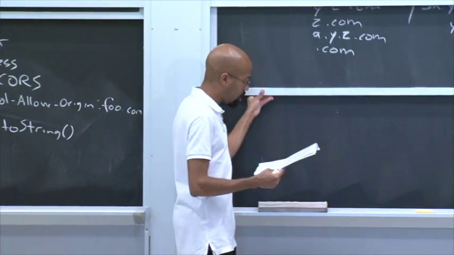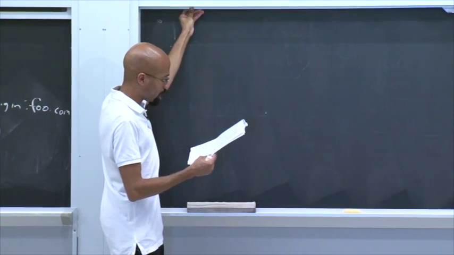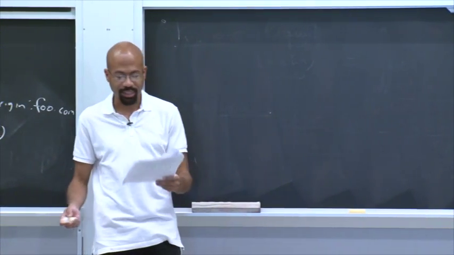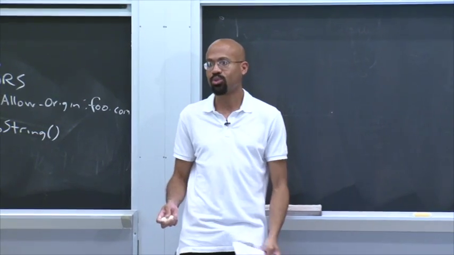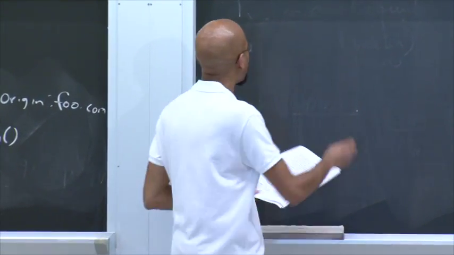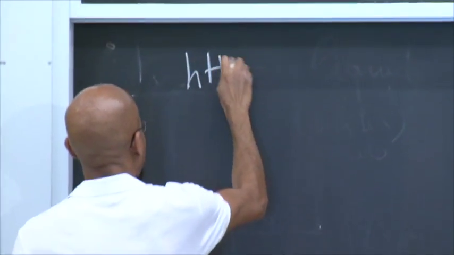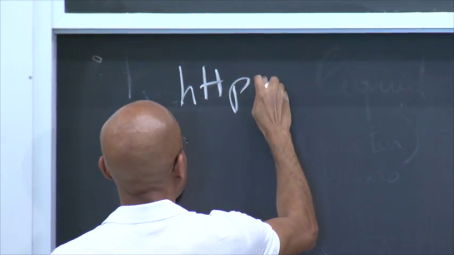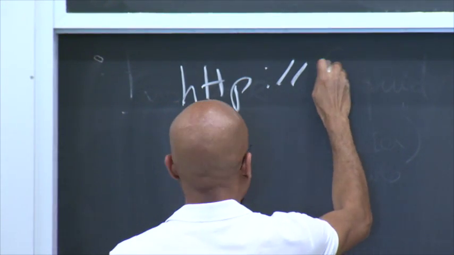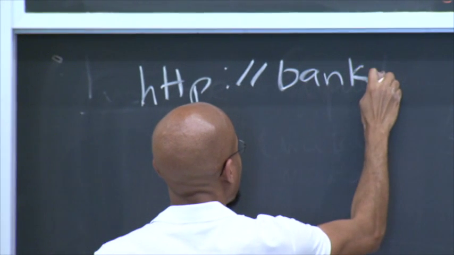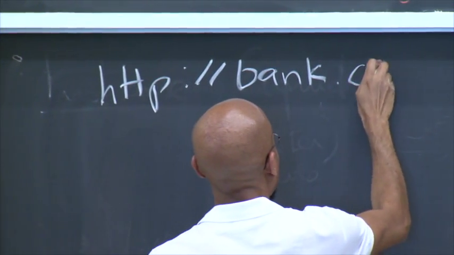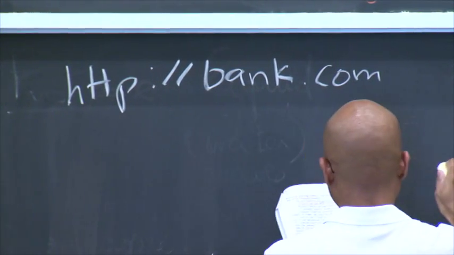Okay, so remember that when the browser generates an HTTP request, it automatically includes the relevant cookies in that request. So what happens if a malicious site generates a URL that looks like this? For example, it creates a new child frame. It sets that URL to bank.com.